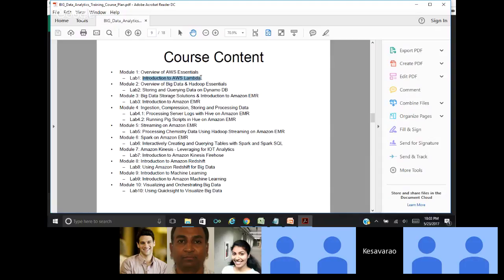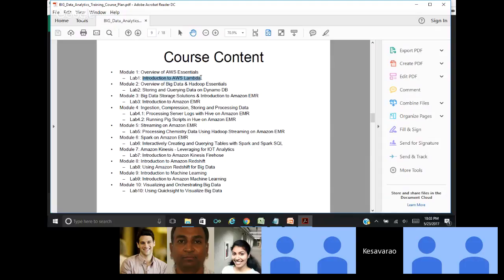The reason is that it's one of the newest and most popular features of AWS. It's more of a serverless architecture and a key component of AWS. You might wonder why we need that for a big data analytics program, but it's an important feature that we should be able to leverage in a lot of exercises when we start Amazon EMR and other important things in our big data analytics path.